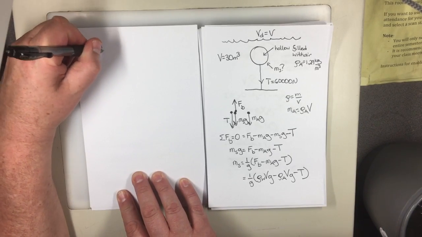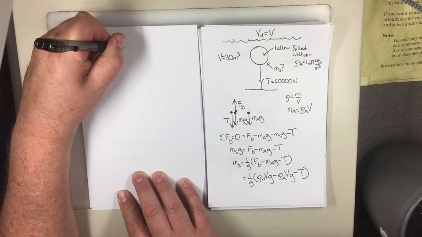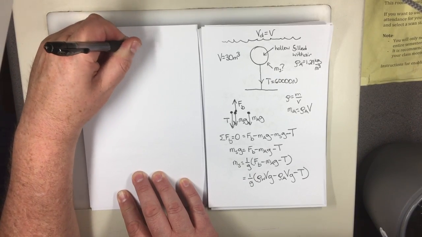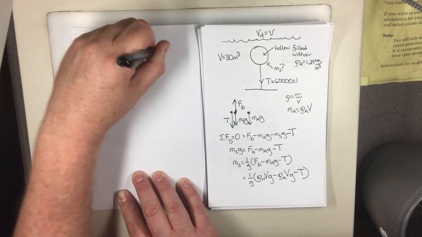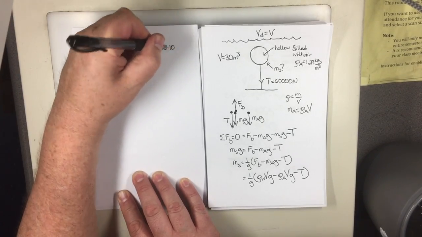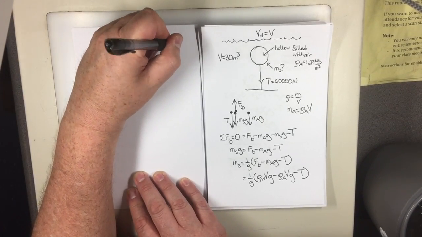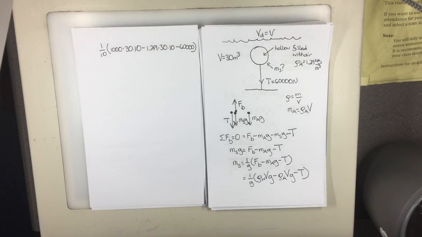That gives us 1 over 10, 1,000, 30, 10, 1.29, 30, 10, minus 60,000. And that will give us an answer.